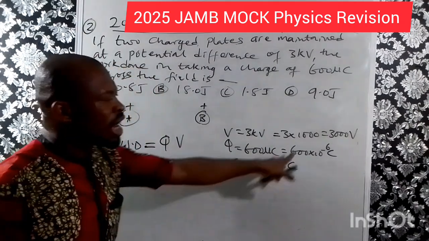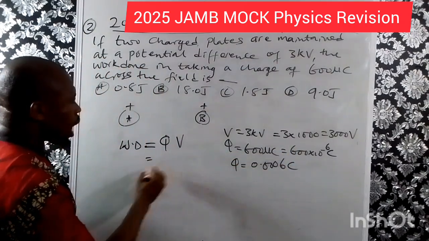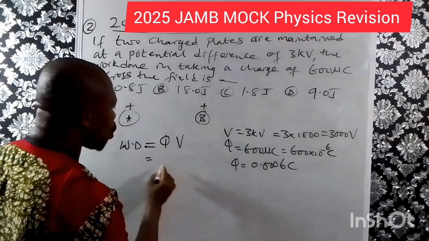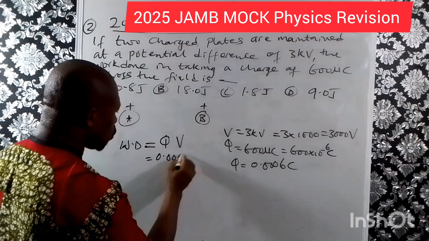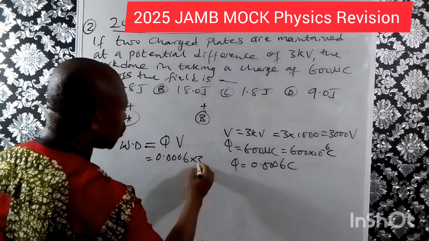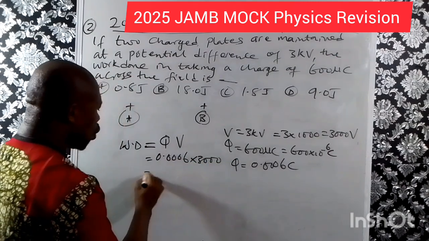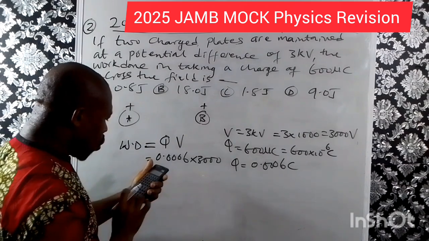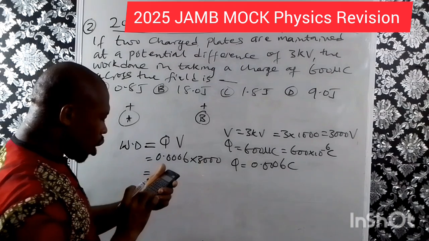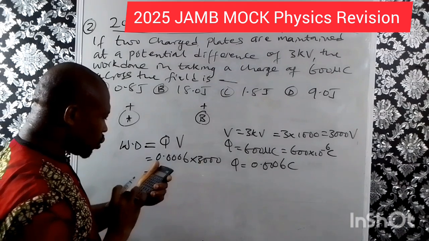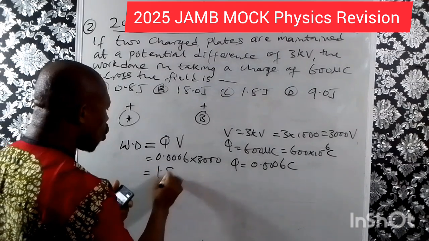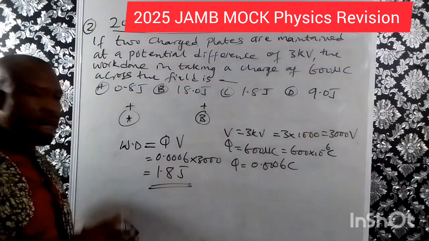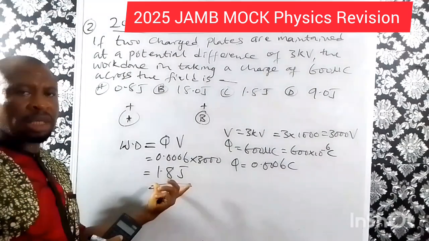Now, bring these two together. We now have that the work done, or the energy stored, is equal to Q, 0.0006 multiplied by 3,000. At the end of the day, work done will give us 1.8 joules. And this is the answer we get.